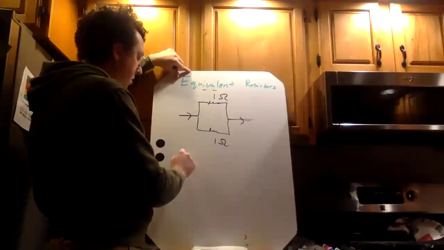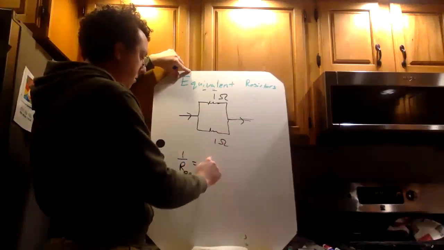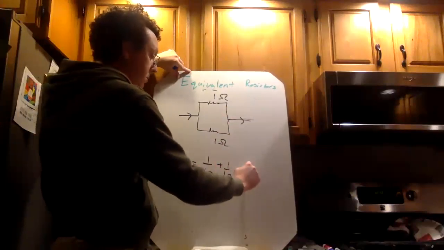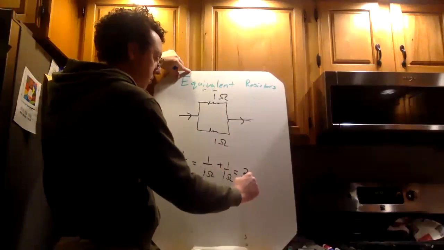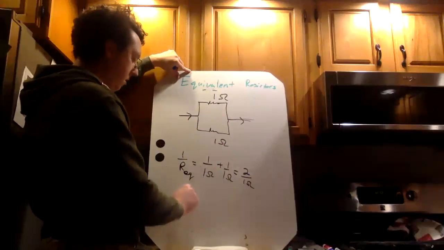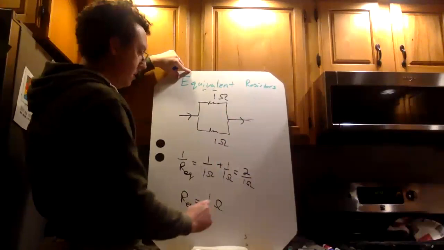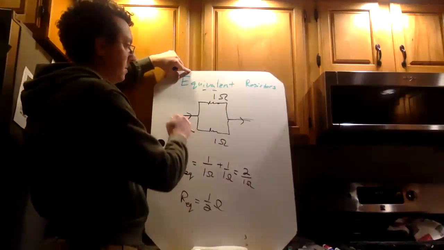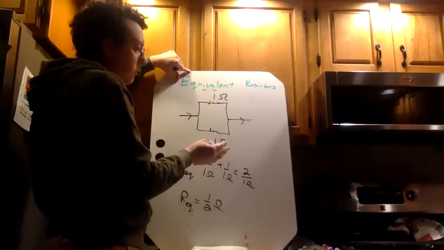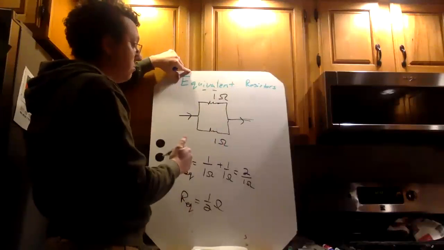I would say 1 over R equivalent is 1 over 1 ohm plus 1 over 1 ohm equals 2 over 1 ohm. Therefore, R equivalent equals a half of an ohm. So notice what happens. When you put resistors in parallel, the overall resistance shrinks. When you put them in series, it grows.